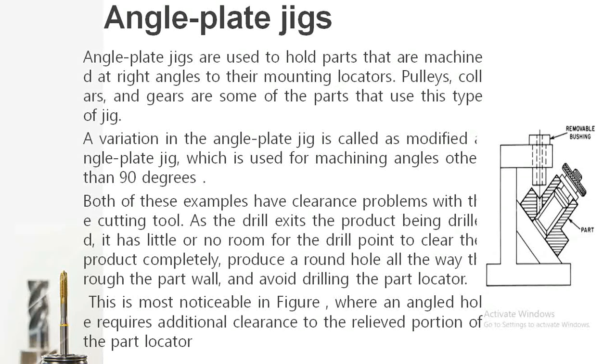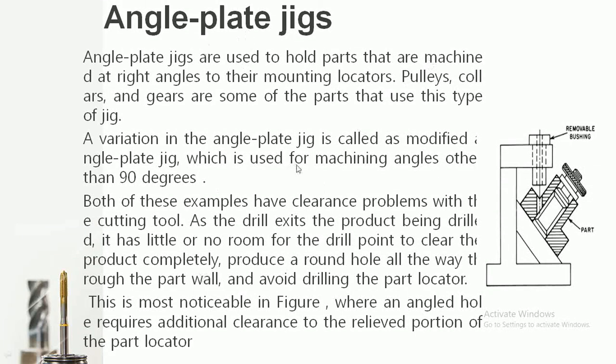Now why do we require such angle jigs? We require angle jigs whenever there is a slanting side, or different taper operations are performed on a certain workpiece, and whenever you have to drill a certain hole on that tapered side, you basically require this type of angle jig.